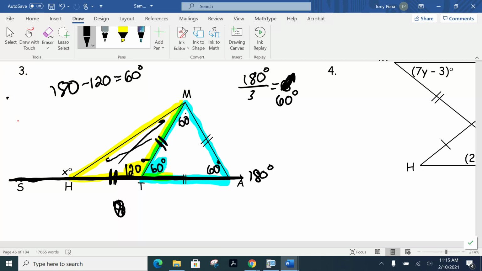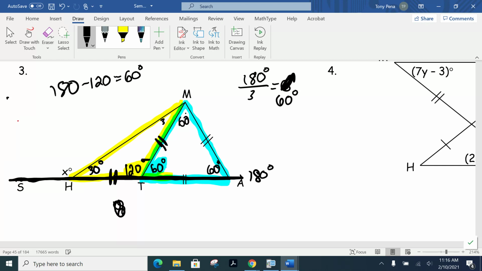Since those are congruent, don't they have to have the exact same degree measure? So now we know each one of those angles, if they're congruent and they add up to be 60, would have to be how many degrees? Dahlia? Good. Would have to be 30 degrees.